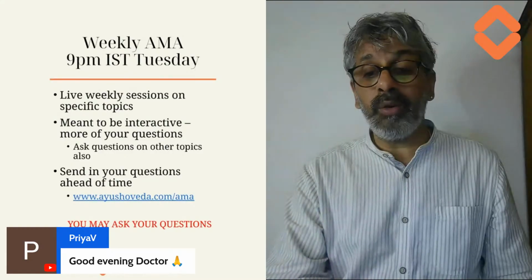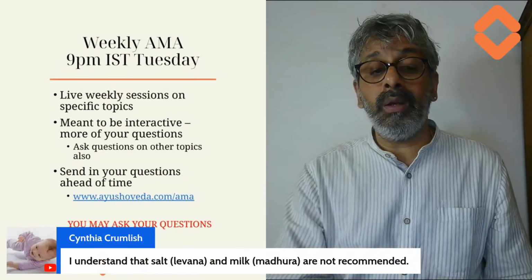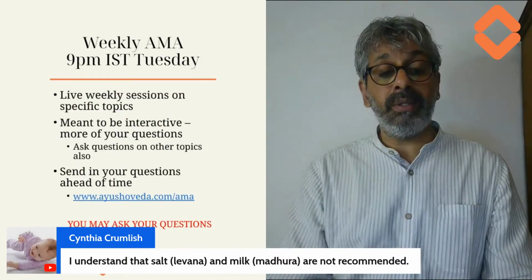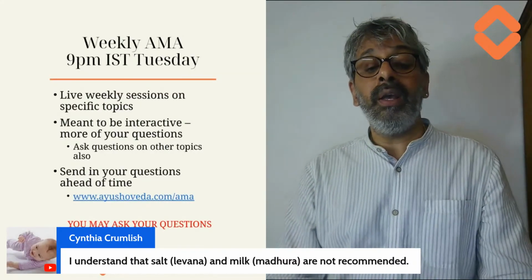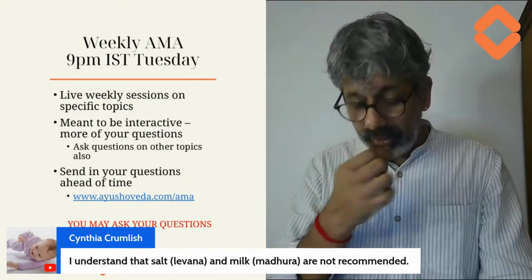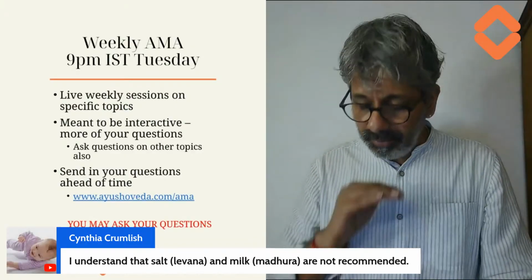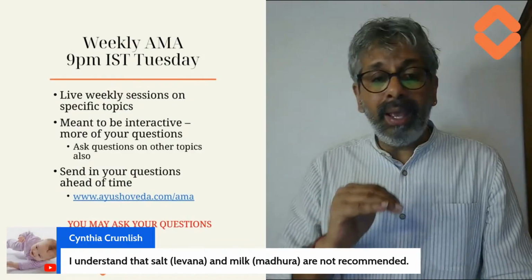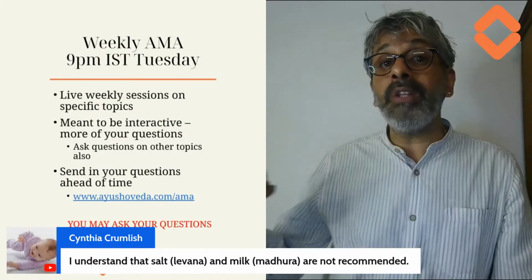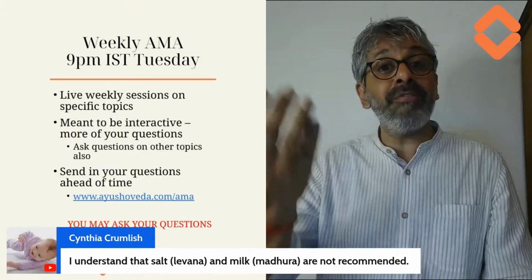Priya, good evening. I understand that salt and milk are not recommended. Yes, Cynthia, salt and milk are not supposed to be combined, because milk is very cooling, and salt, if you look at the pancha mahabhutas, has water and excessive agni in it.